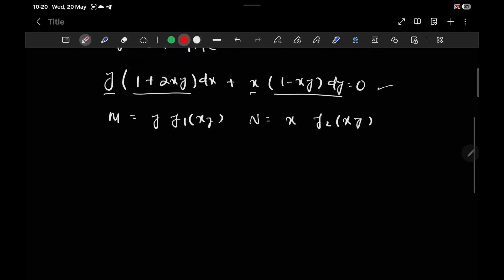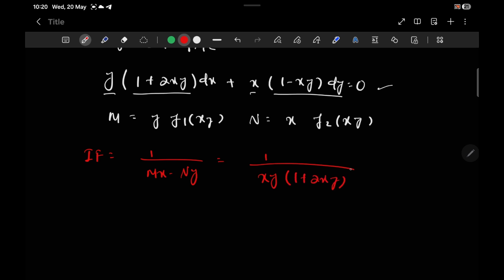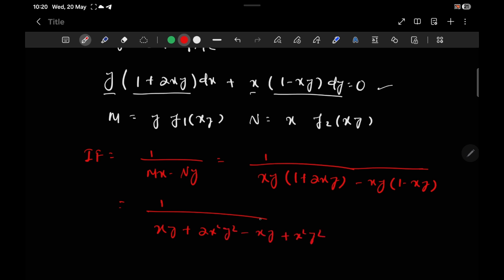Now the integrating factor will be 1/(Mx - Ny), that is 1/(xy(1 + 2xy) - xy(1 - xy)), which will be equal to 1/(xy + 2x²y² - xy + x²y²).